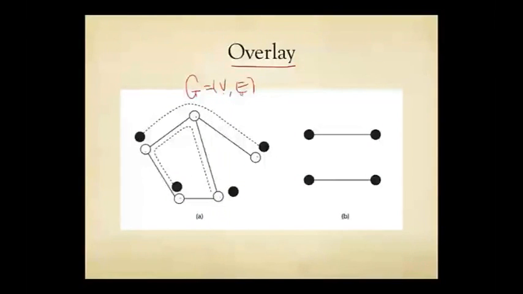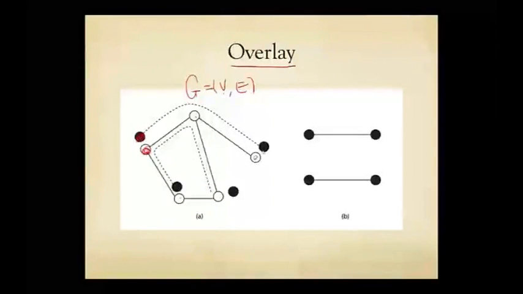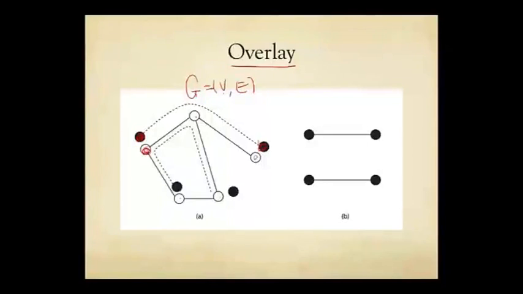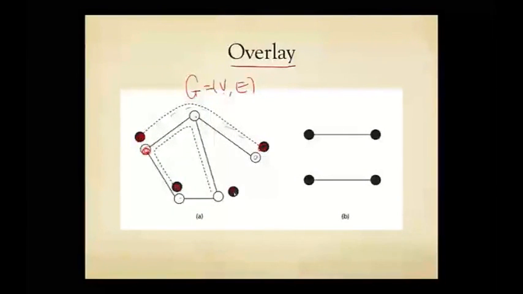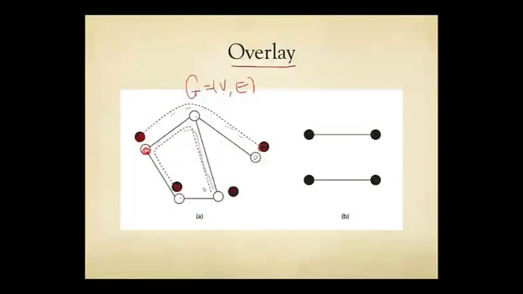And the overlay says, you know what, I would like to establish a connection between this node and this node. So I'm going to draw this on top of it in dark, just to differentiate. These two dark nodes are logical entities, a source and destination. I want to find a path, let's say this dotted line, to connect them. And similarly, I can say I want to form connectivity between this pair.